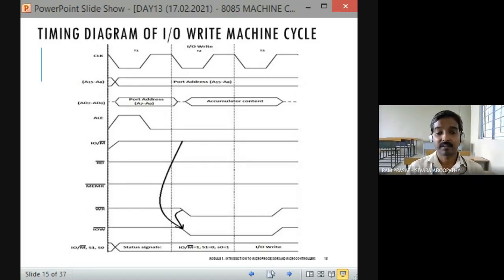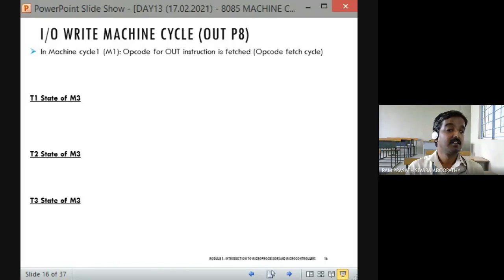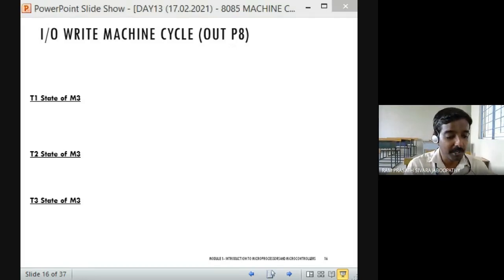Fine. So what happens in the IO write machine cycle? We are assuming the IO write machine cycle does not happen alone. We are considering the OUT P8 instruction. It is a 2-byte instruction, and the opcodes are D3 and D3, P8, an 8-bit address.